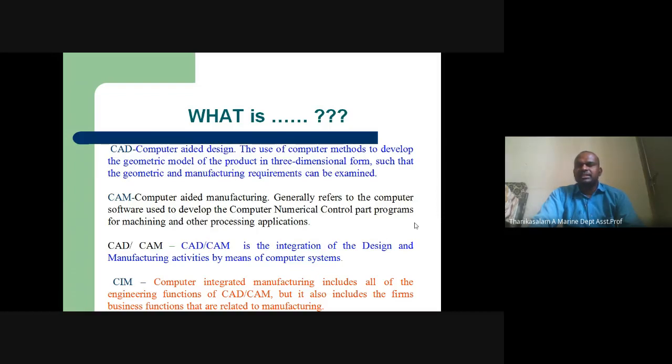CAD means only designing components in two-dimensional, three-dimensional form. CAM means manufacturing a particular component by using part programs, manufacturing by using computer. CIM means both combined, CAD and CAM, but it also includes the firm's business functions that are related to manufacturing.